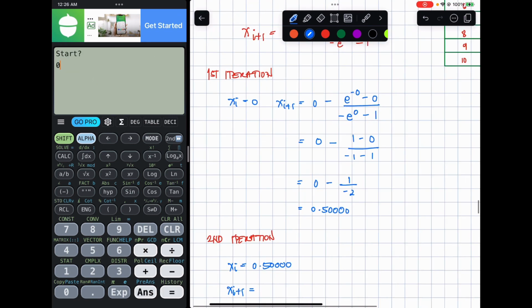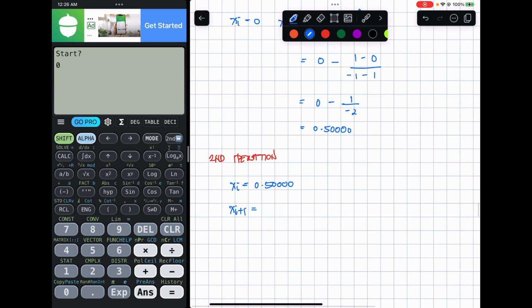I'll start with 0, the end will be 0.5, and the step size would be 0.5 as well. That gives me 0.56631.